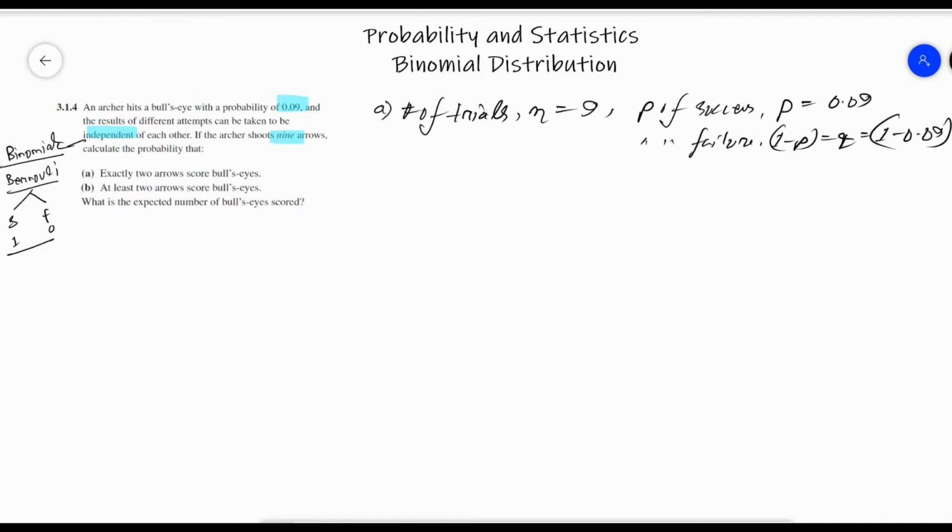Good enough. Now we can move on to determining the probability, and we can state that x follows a binomial distribution with n trials and probability p, and we can write it as b of number of trials is 9 and probability is 0.09.